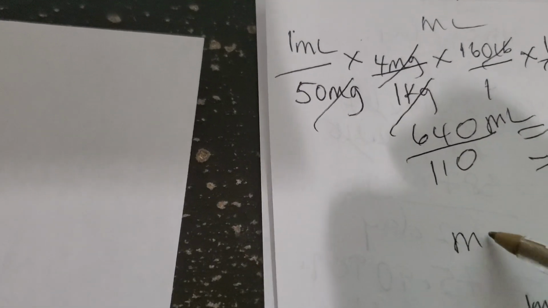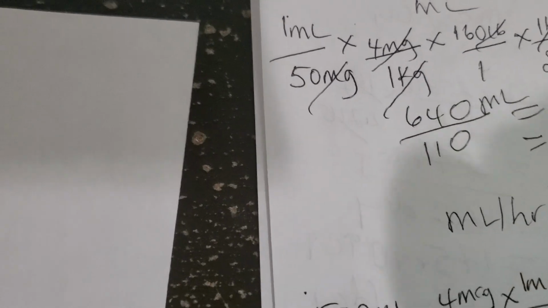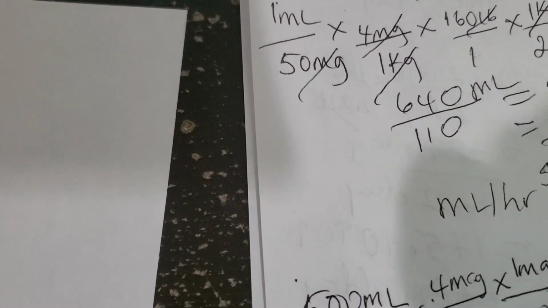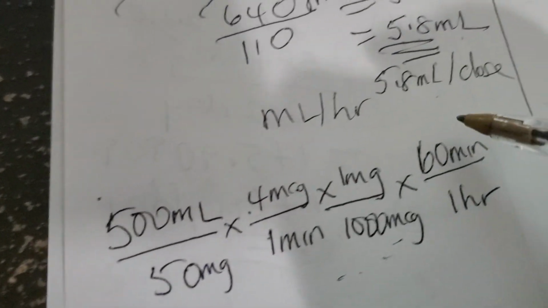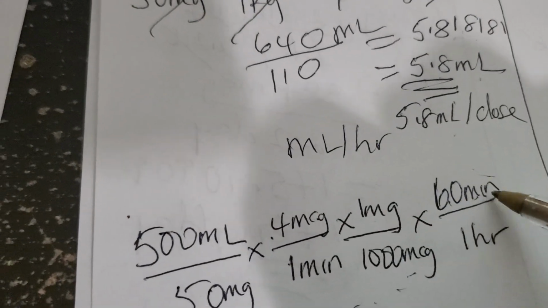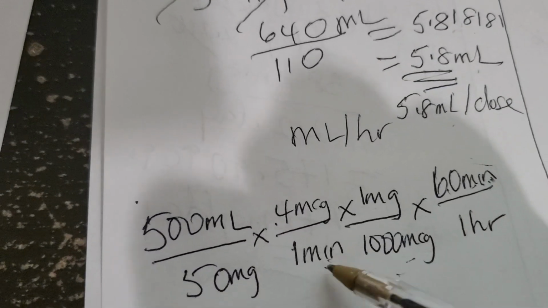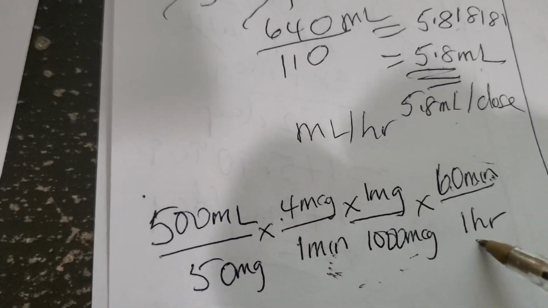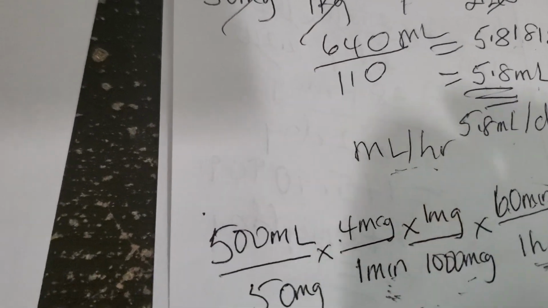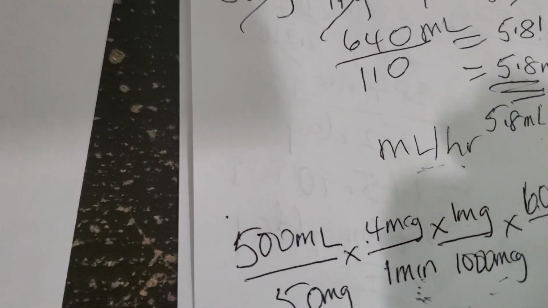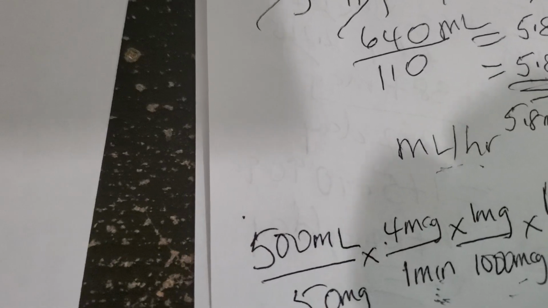We need it in ml. 60 minutes is to 1 hour. The minute comes on top because we want to cross out this minute. And we want hour to be at the bottom, so we can have ml per hour. This is where it gets tricky. So always remember that.